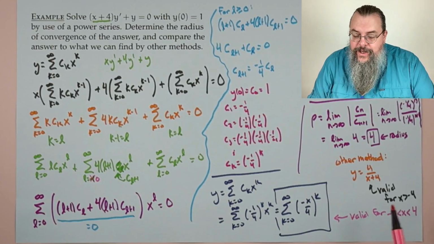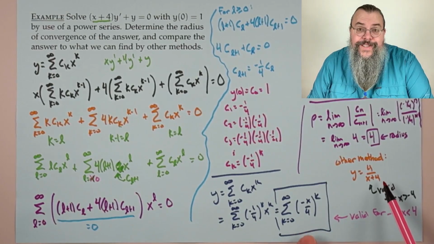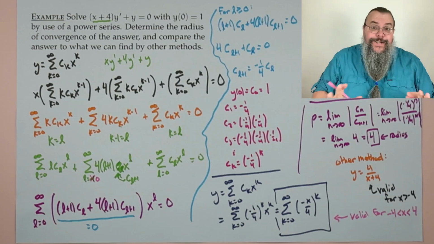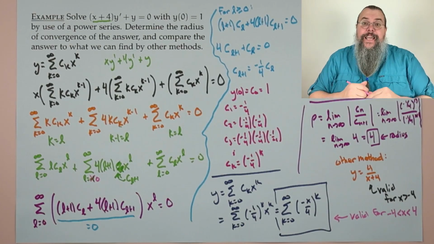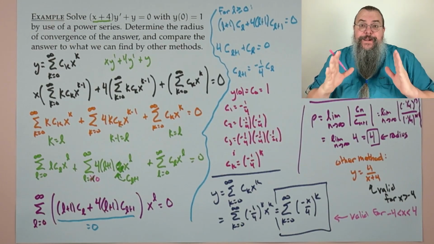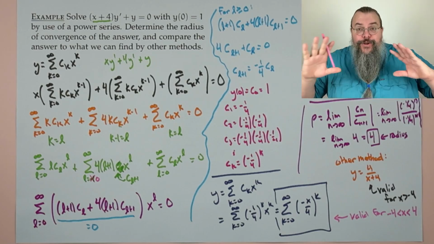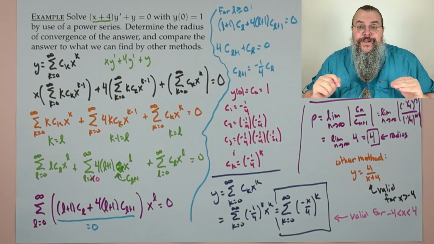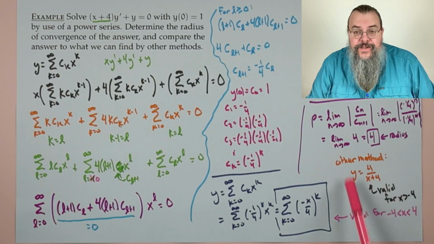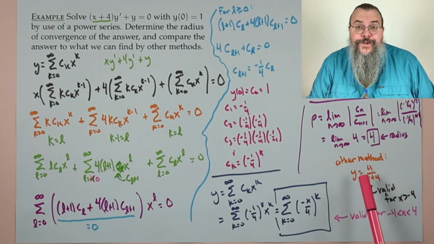So here's the thing. Are these two the same? Yes and no. Yes, in between negative 4 and positive 4; no in general, because this holds over a larger range of x.